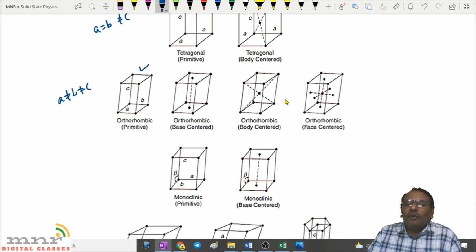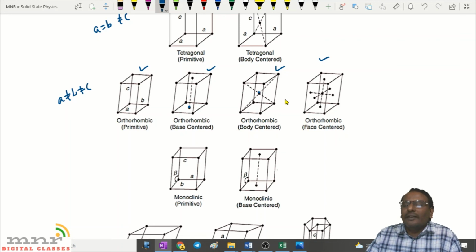We have 4 possible Bravais lattices. They are sketched here. The first one, primitive, occupies lattice points only at the corners. Base centered, only the 2 bases, that is the top face and the bottom face, are occupied with lattice points. Body centered, a lattice point at the center of the unit cell.